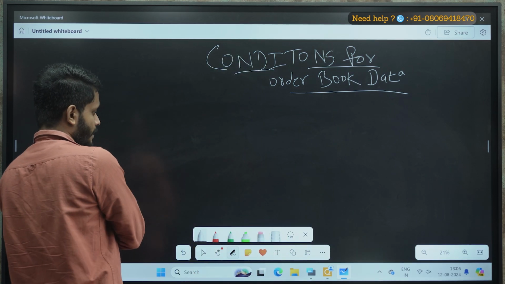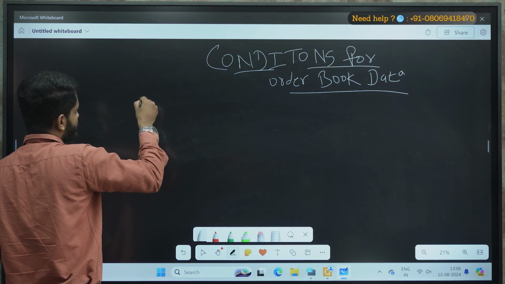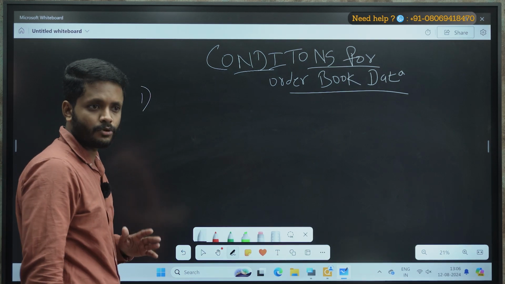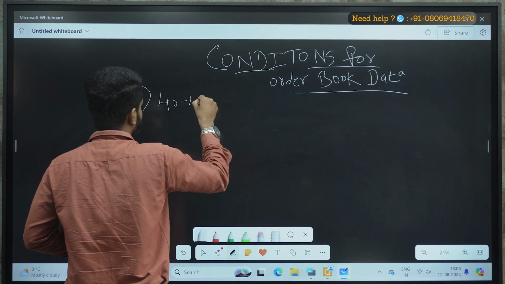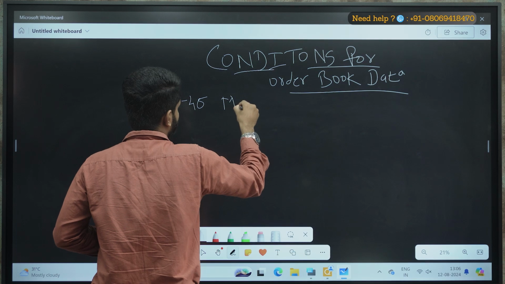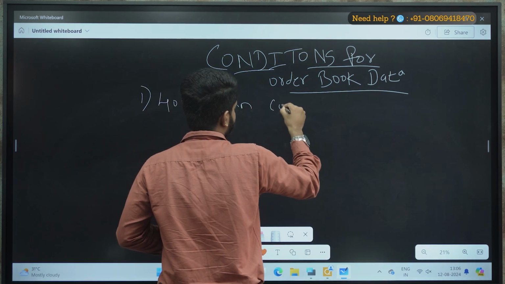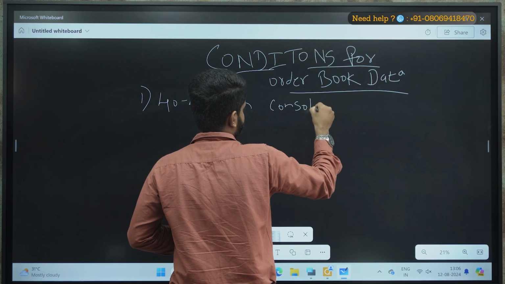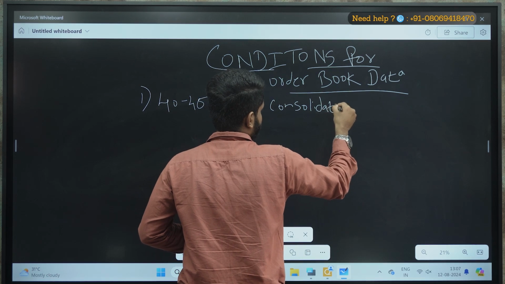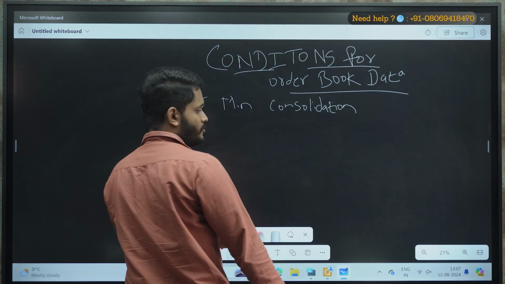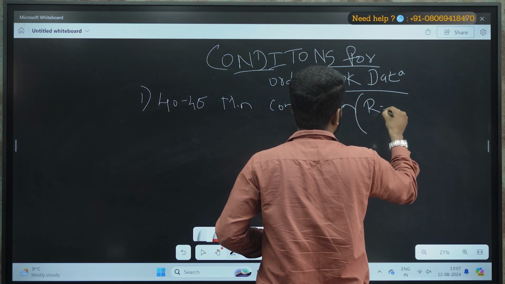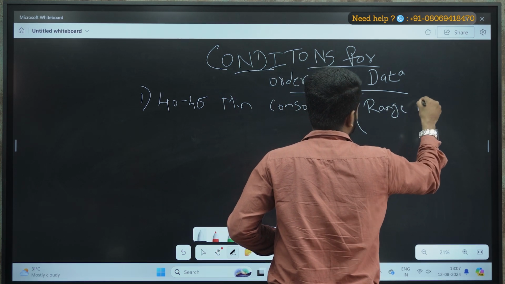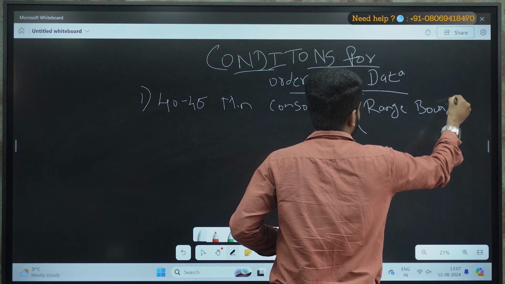The first condition for implementing order book data is that you need approximately 40 to 45 minutes of consolidation. My handwriting is not that good, kindly bear with me. Say a range bound move in the market.